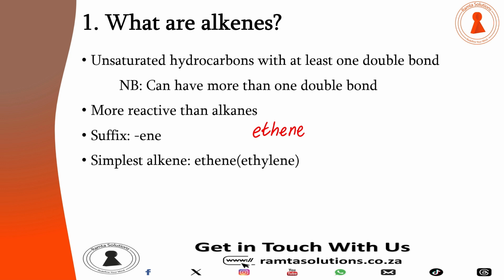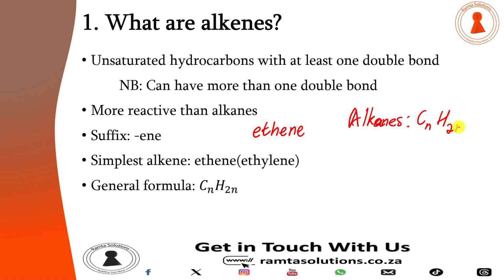The family of alkenes has the general formula CnH2n. If you look at it, because of the double bond, this means that alkenes have two less hydrogens than alkanes. If you recall, alkanes had the general formula CnH2n+2.